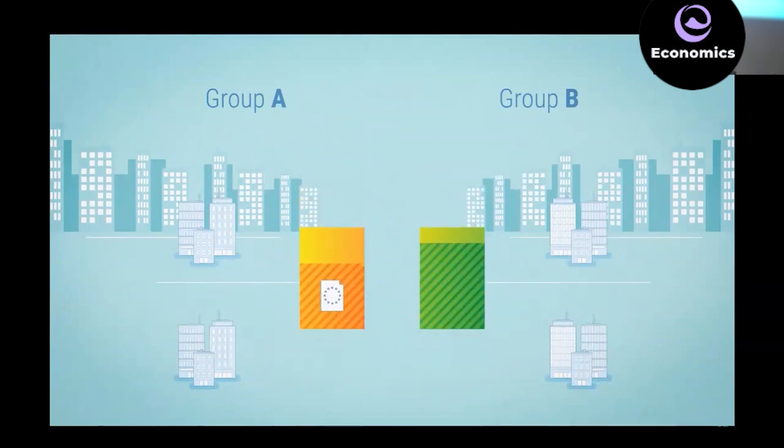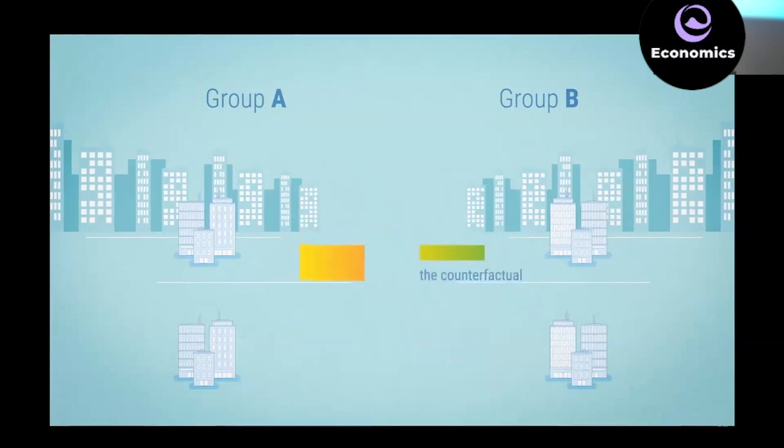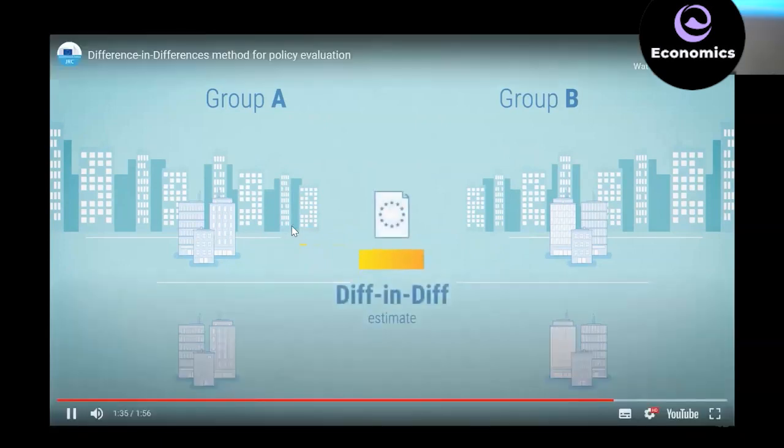Other factors like growing use of electronic payments may have affected both changes. We can use Group B as counterfactual, which is what would have happened to Group A without the regulation. The difference between the change in average payment days in Group A and Group B is the diff estimate of the average effect of the regulation.